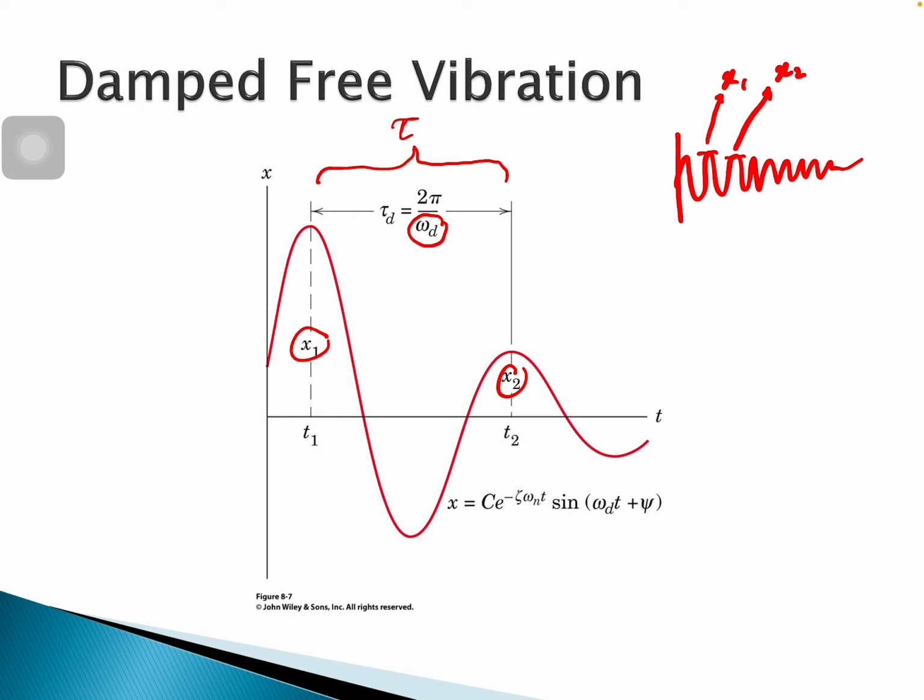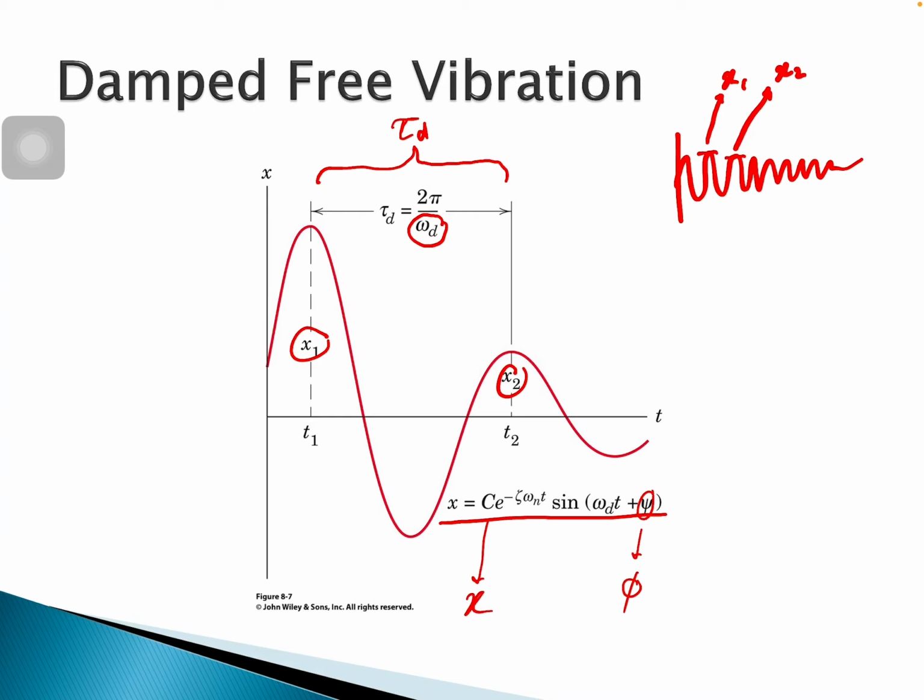This is not the normal period, but the period for the damped situation. And this is the equation that we use. Again, this is similar to the psi, and this is similar to the big X.